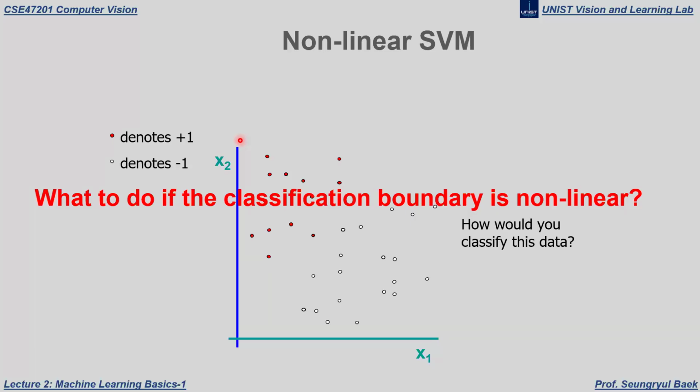But in the real world, there is more data that lies in these nonlinear cases, right? The linearly separable case is kind of an ideal case, which is the easiest case. Most data are distributed like this, having complicated boundaries.